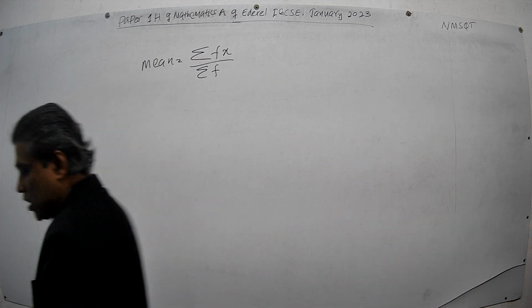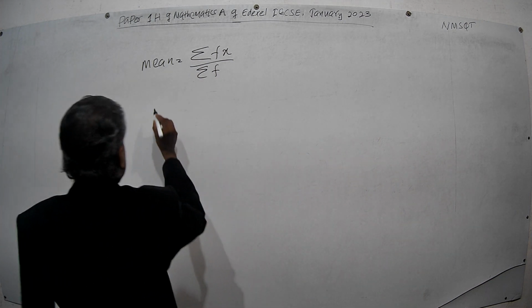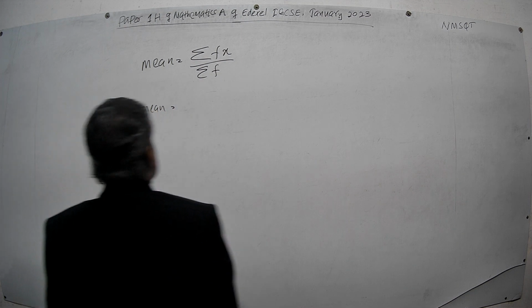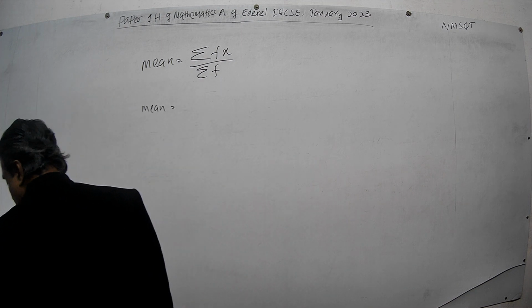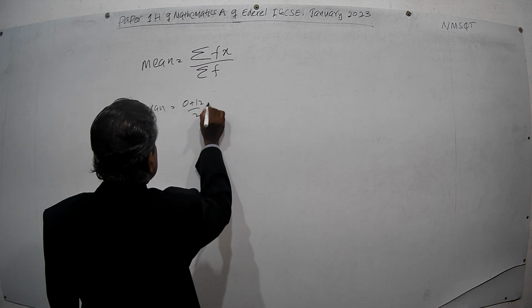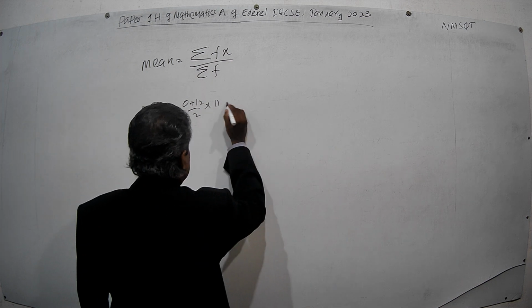Mean equals, now we have to get the mid values of each class interval and write them here. For the first class interval, 0 plus 12 over 2, into its frequency. Look at the frequency column in the table.